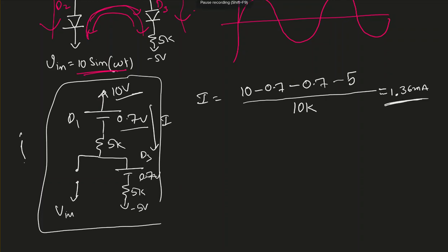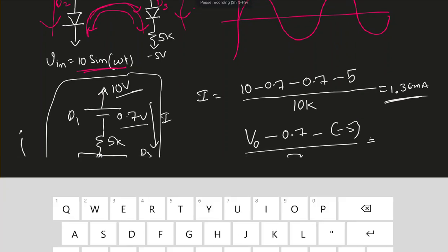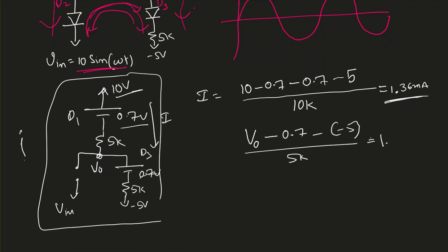So the current, I end up with 1.36 milliampere. So now I can find V0. V0 must be the voltage at this point. V0 minus 0.7 minus of minus 5, divided by 5k, equals 1.36 milliampere.